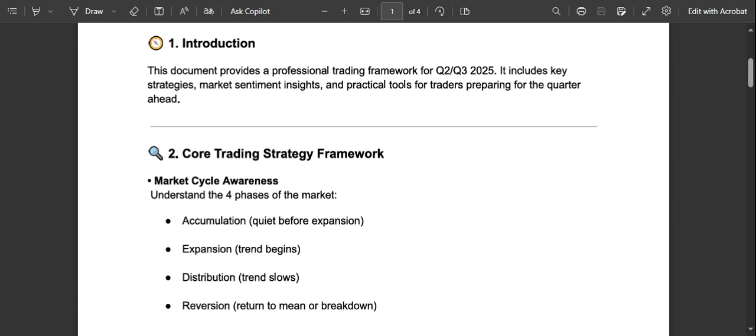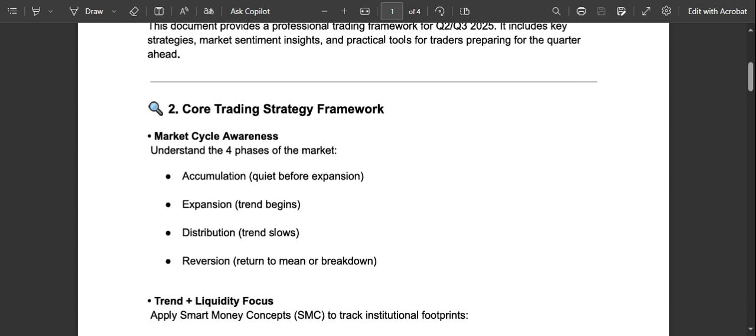In today's program, we're going to use these phases to explain what we need to do when we use the quarterly trading style in our videos. The first phase is what we call accumulation, followed by expansion, distribution, and reversion.